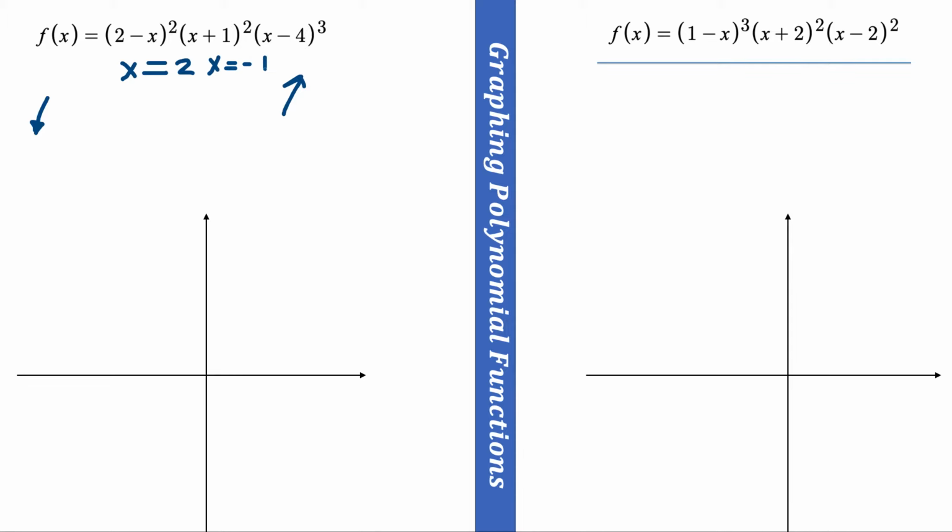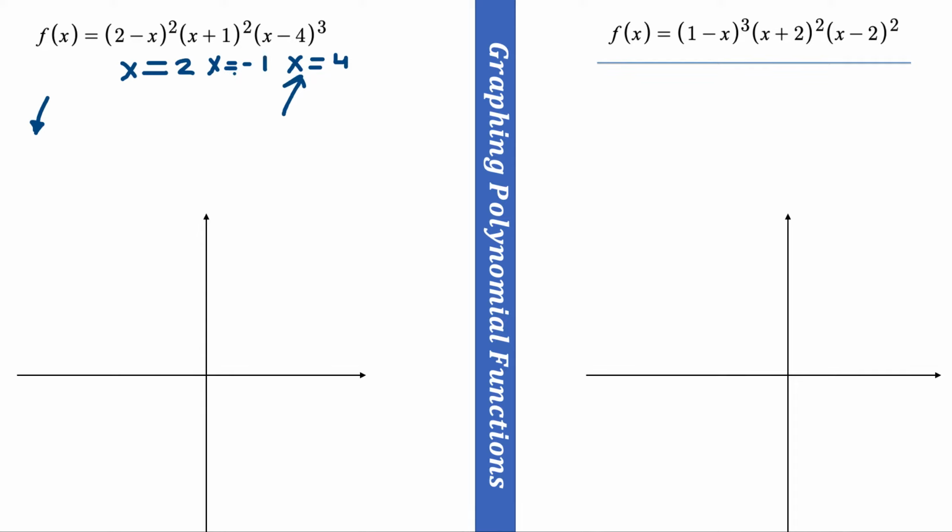And in the last one, the variable and the constant have opposite signs, so x is going to be equal to 4. Those are the x-intercepts. Or in another way, we can set 2 minus x equal to 0. When you solve for x, x is going to be equal to 2, if you want the longer and more secure way.